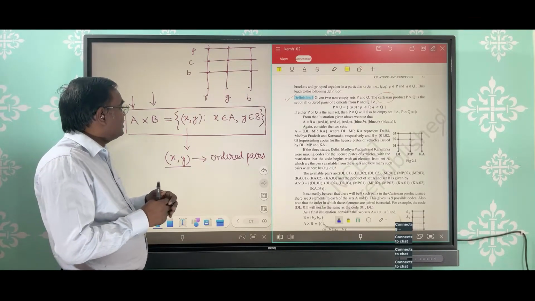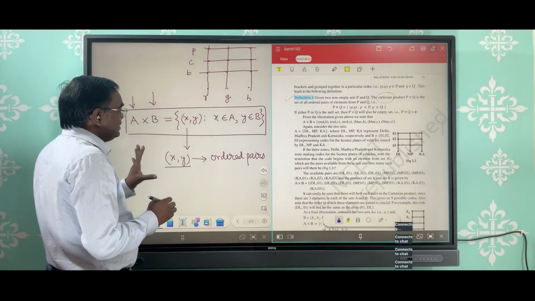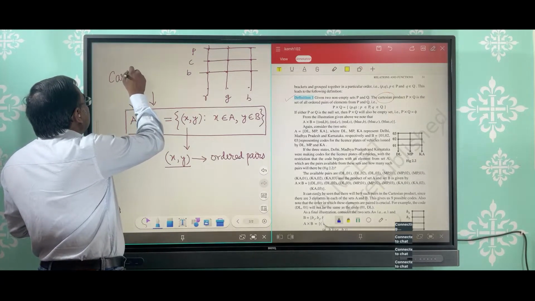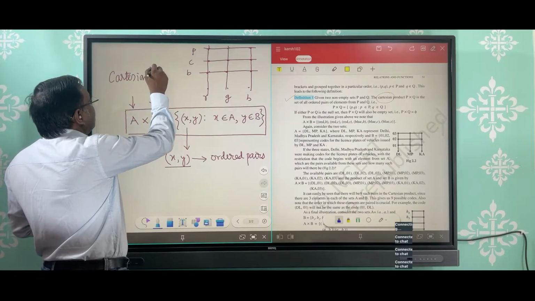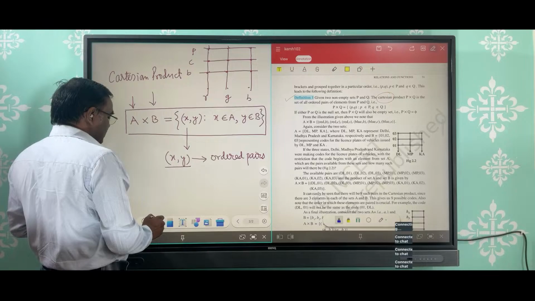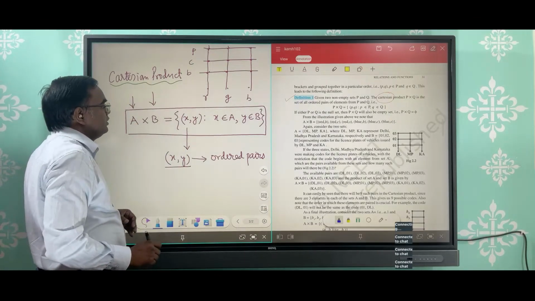So cross product and Cartesian product are similar things. This is the definition of the Cartesian product. Okay, I hope that you understand.